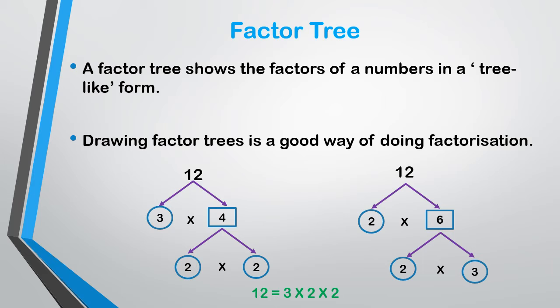We got the given number, isn't it? So this is the factor tree. This is called factorization. We split the numbers, we break down the numbers. We split 12 into 3 into 2 into 2. So this is called factorization, and this is also called the factor tree.